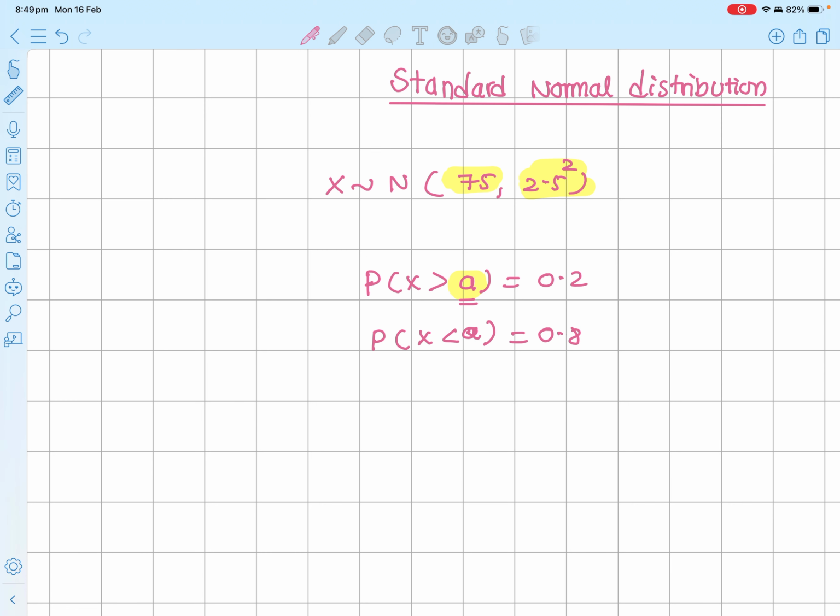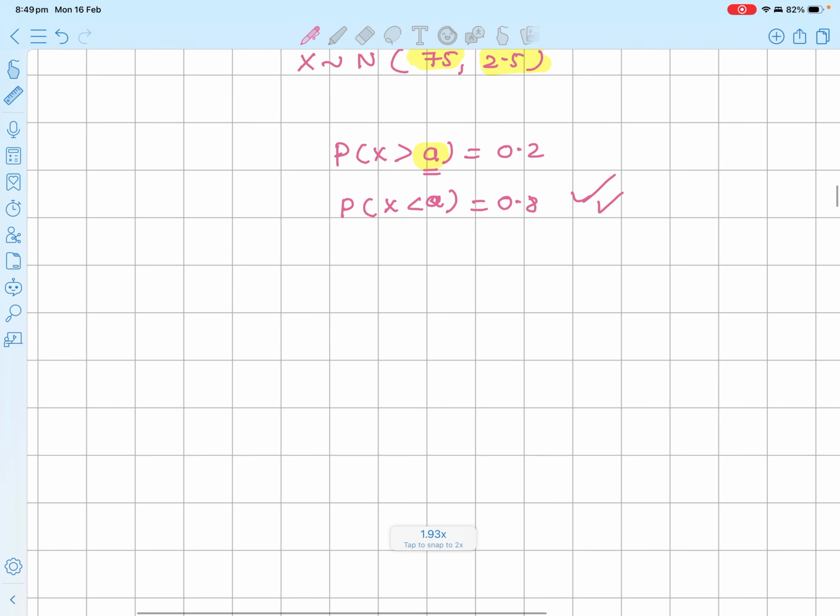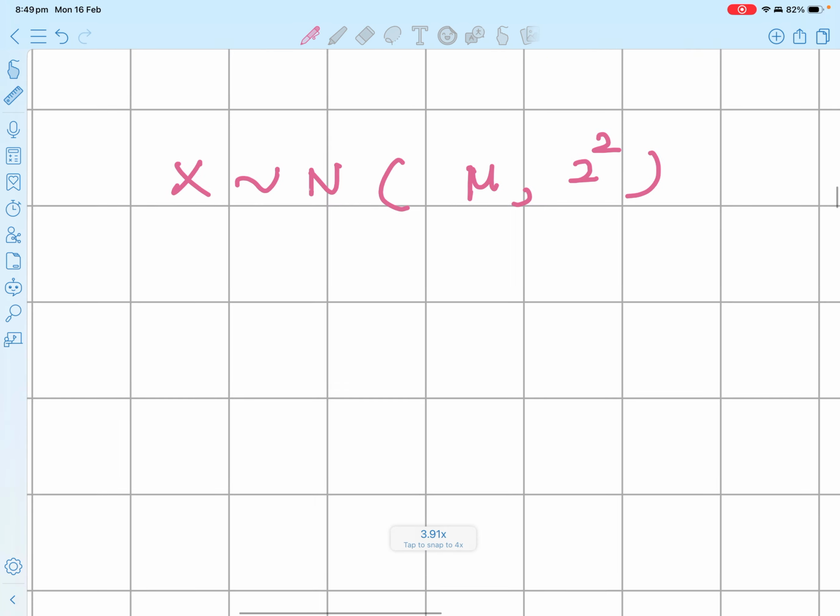So this is good. But now sometimes in the exam they're not going to give you the mean, but they will give the standard deviation. Now if they didn't give you the mean, they have to give you one more piece of information.